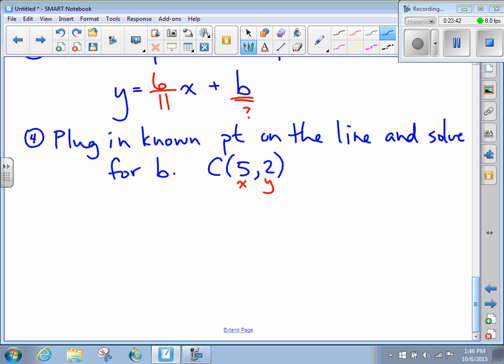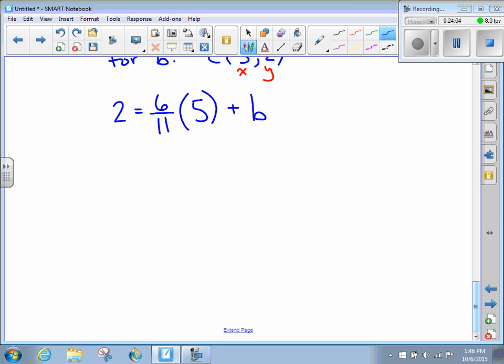So it's y equals, so I'm going to say 2 equals, we're going to keep the slope there. We're plugging in a number that's being multiplied by the slope here at the x. So we have to make sure that when we plug it into our equation, it shows multiplication. And then the only letter we don't know is b. So you're going to have to isolate for b in your last step.